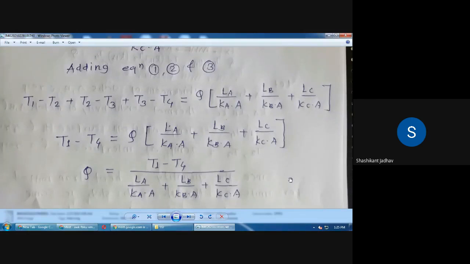Can anyone tell me what is this LA upon KA into A? Anyone? This is the equation of what? What is the another name for this term LA upon KA into A? Anyone unmute yourself and tell me.